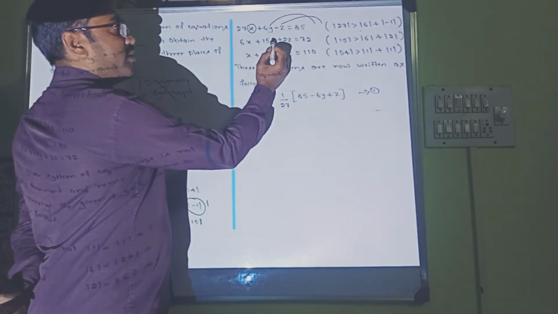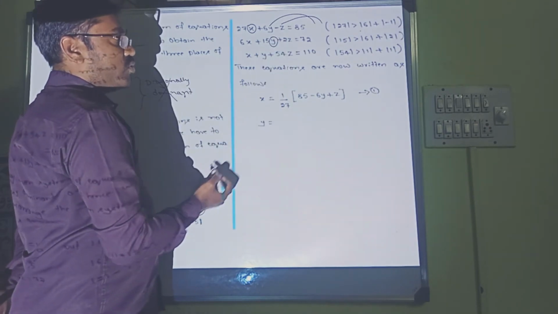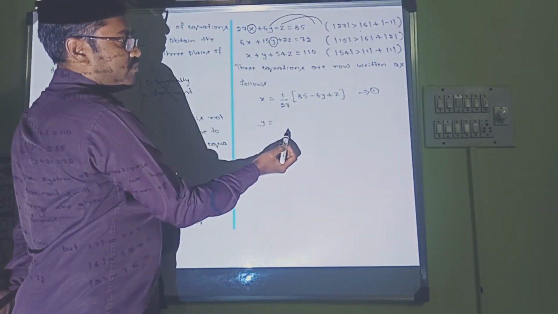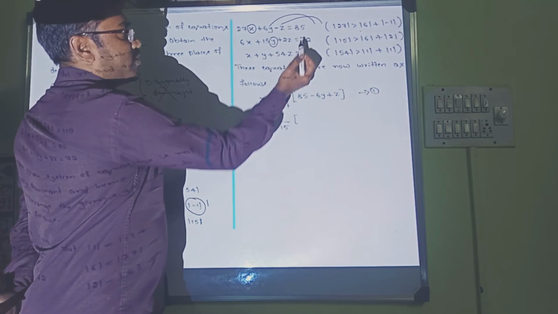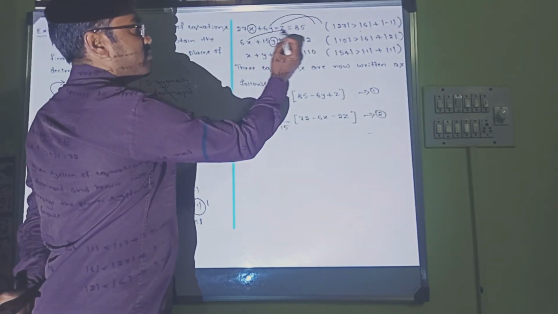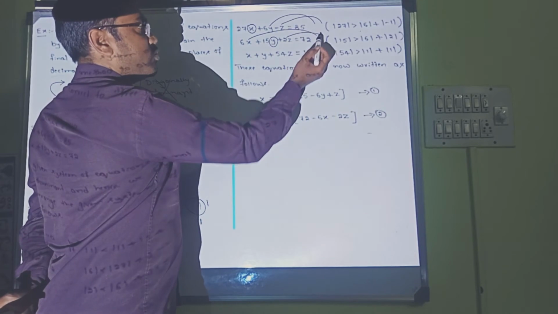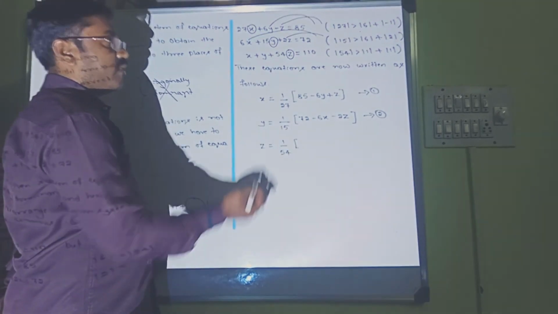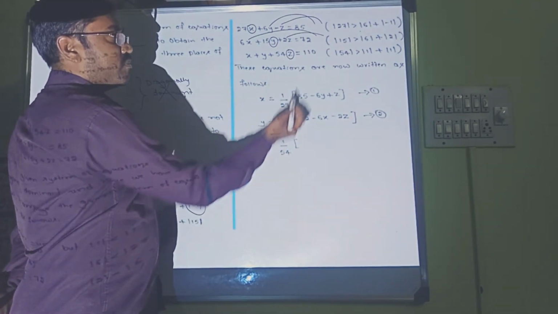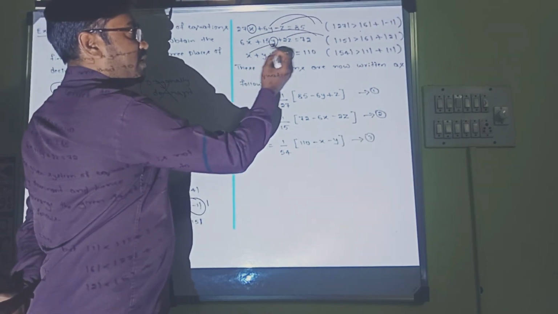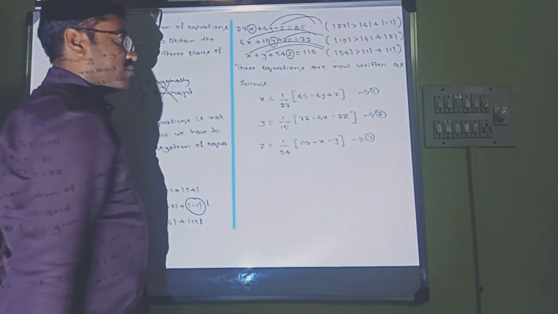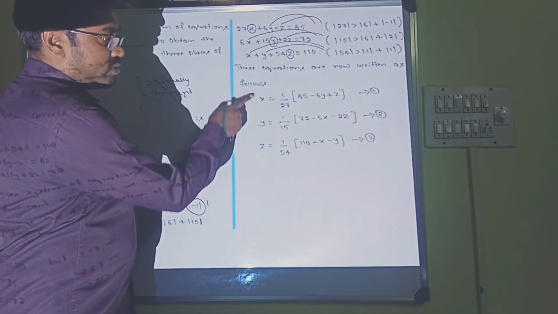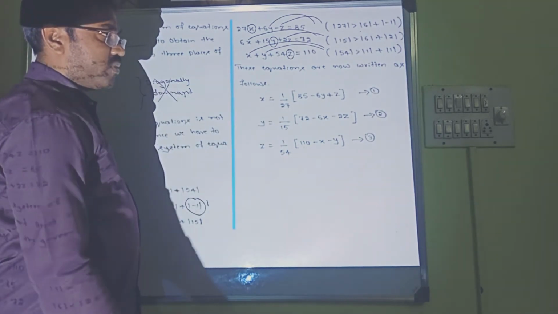Then similarly we separate our y from this. y is equal to 1 by 15 into 72 minus 6x minus 2z. Then we separate z from the third equation as 1 by 54 into 110 minus x minus y. Okay, so these are the solutions now, the values of x, y, z, which we need to find out.